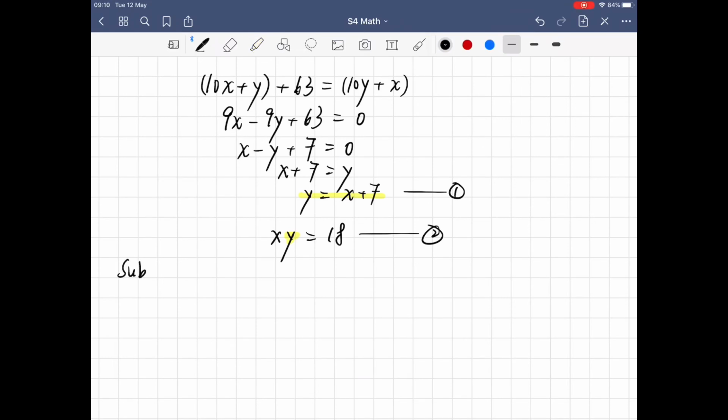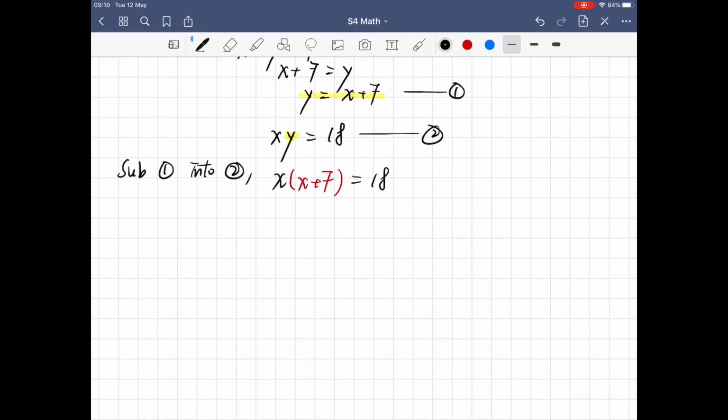So substitute 1 into 2, and we have x times (x plus 7) equals 18. And we have x squared plus 7x equals 18. In order to get a quadratic equation, we have to make one side 0. And then we can solve it.